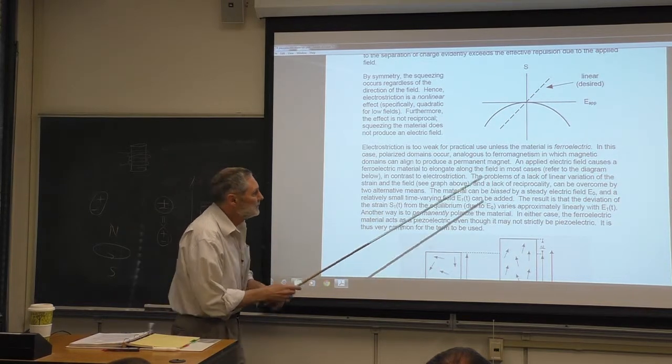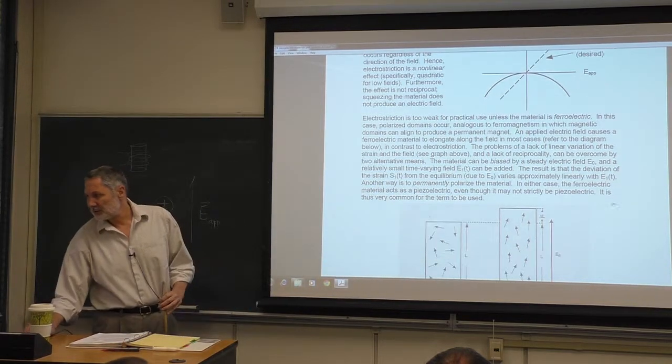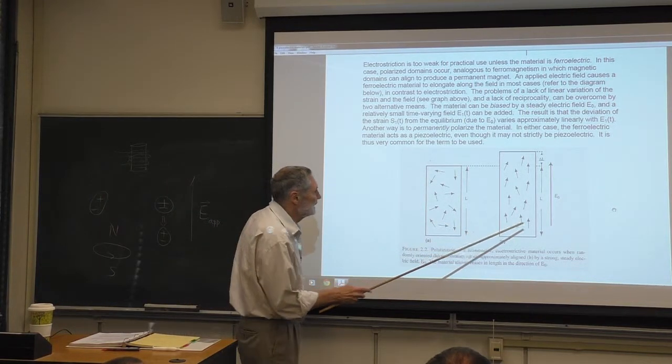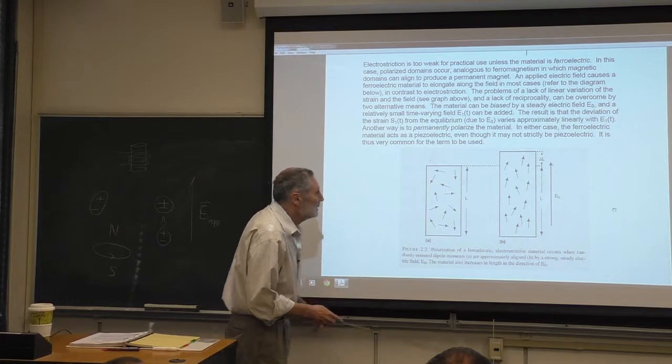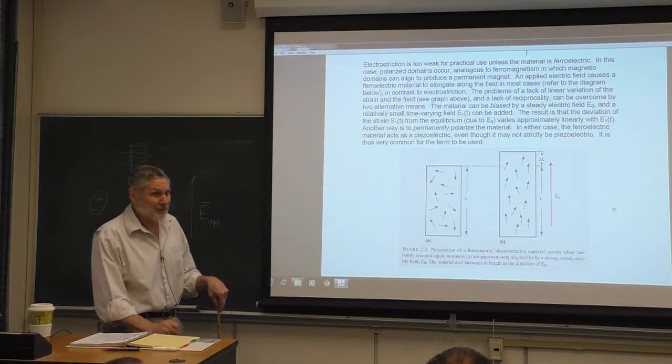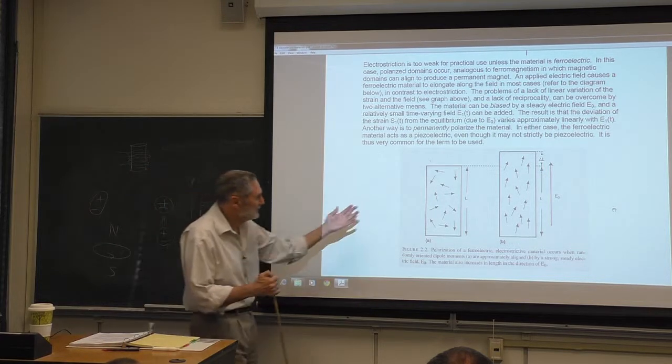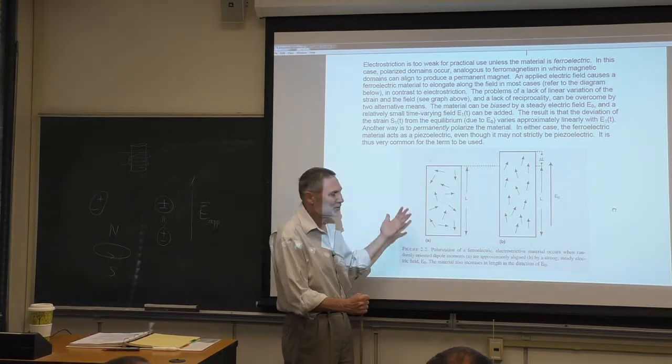And then, once it's permanently polarized, this is from Sherman and Butler. So here's a material that's been permanently polarized. That tends to elongate it, okay, in this case, for ferroelectrics. What happened to the electrostriction? They don't tell us. Okay, so there's little gaps here.